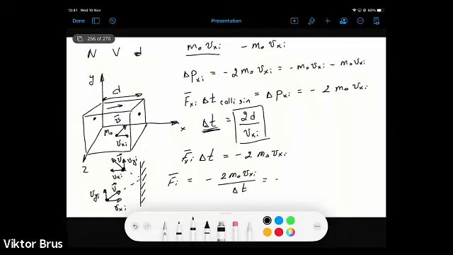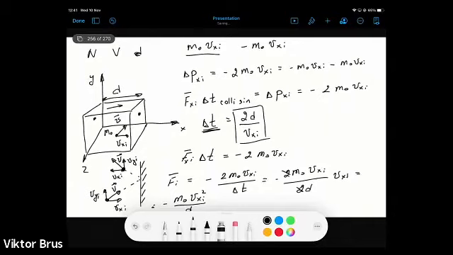So that will be minus 2m naught Vxi, divided by 2d over Vxi. That is equal to minus, so 2 and 2 will cancel out, Vxi squared we will get. So that will be minus m naught times Vxi squared divided by d. Okay, so we have this.